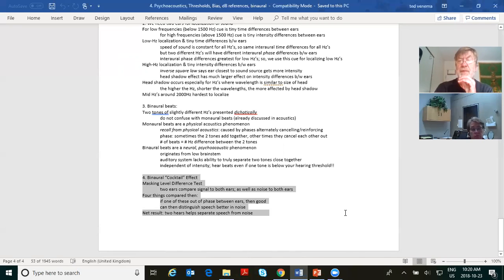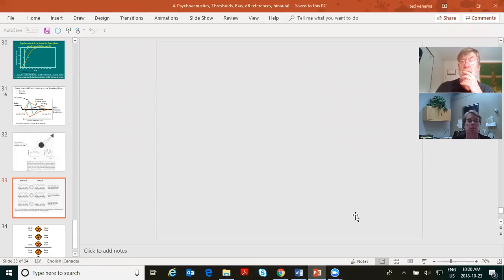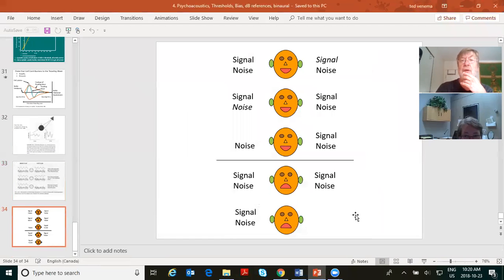Cocktail effect. Let's go to our picture in PowerPoint. So you go to the picture in PowerPoint. Here you go. Here's one way of looking at it. Here's a picture I drew. When you're listening in noise, you've got 4 things happening, just like my 4 fingers here.